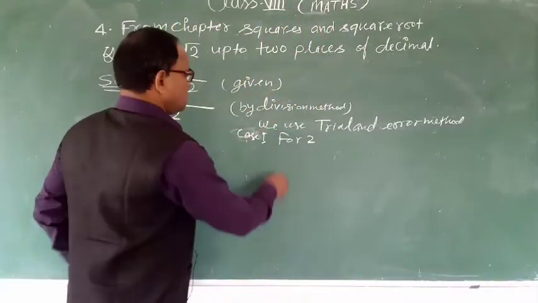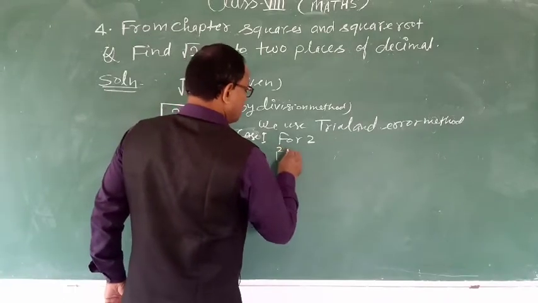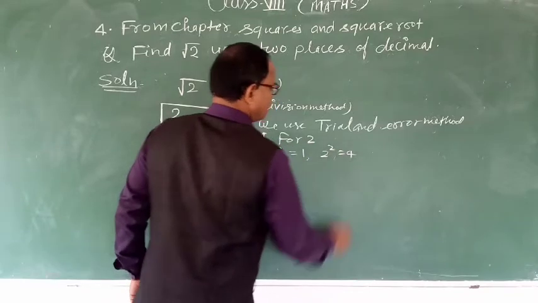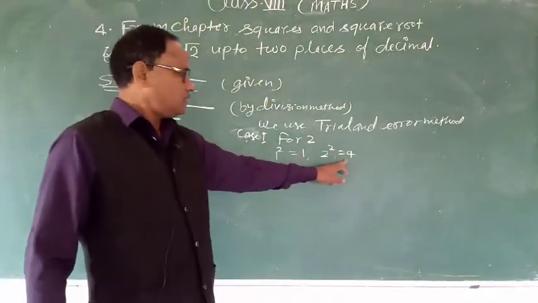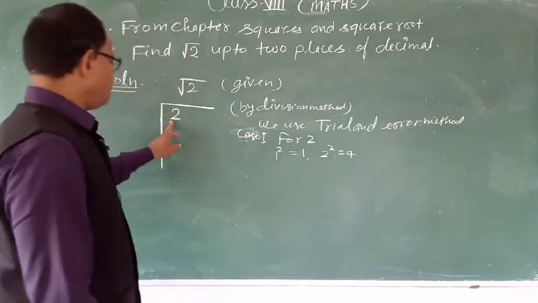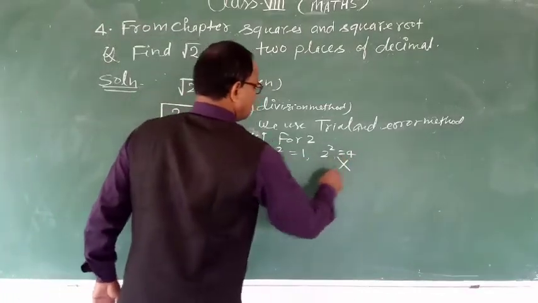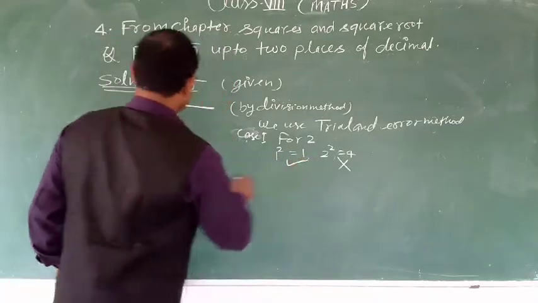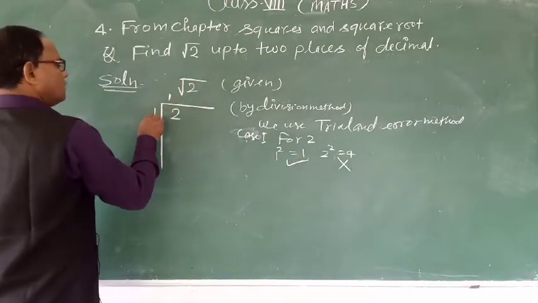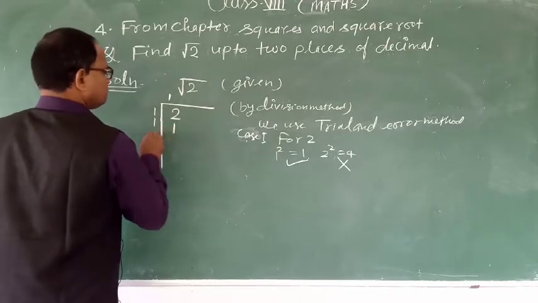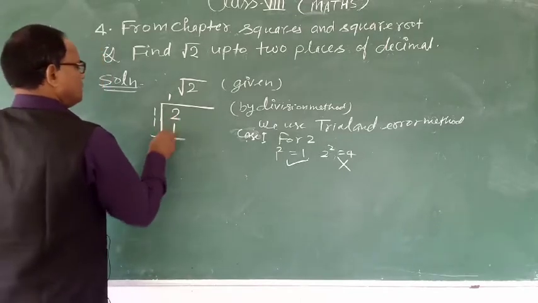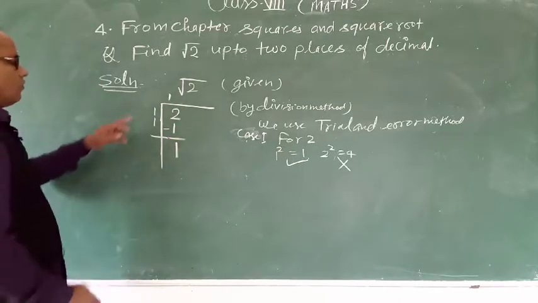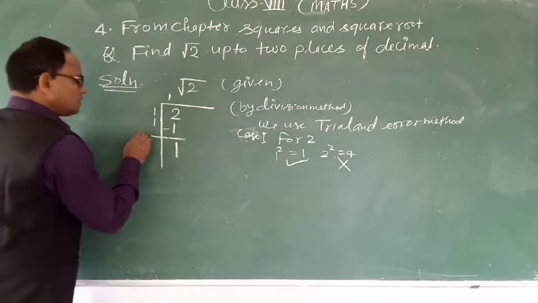Here we check 1 square is equal to 1 and 2 square is equal to 4. 2 square is equal to 4, which is greater than 2, so this is wrong. 1 square is equal to 1, which is correct. Here we write 1 into 1 square. We get 1. 2 minus 1 is equal to 1.